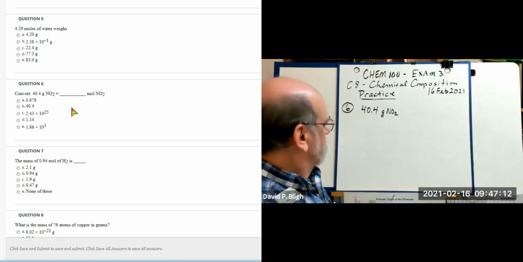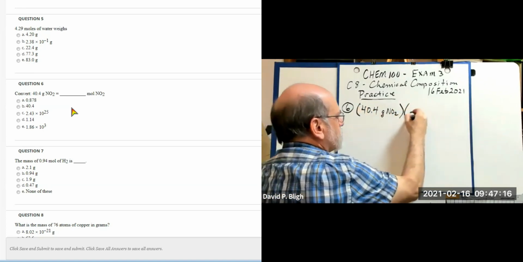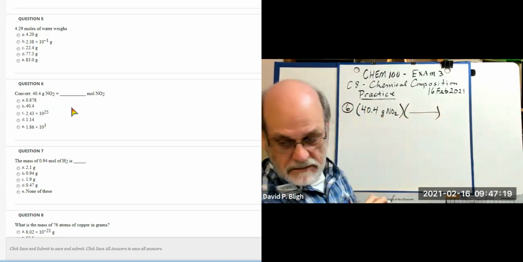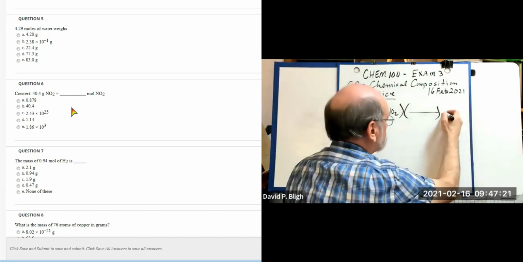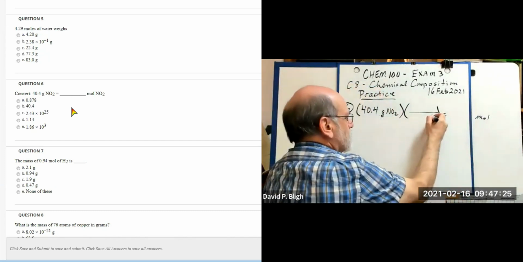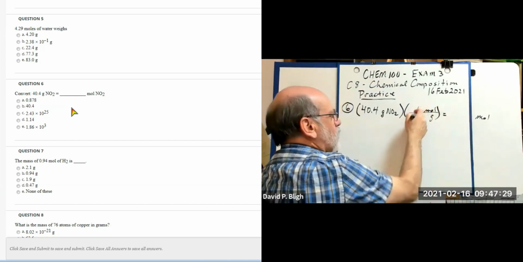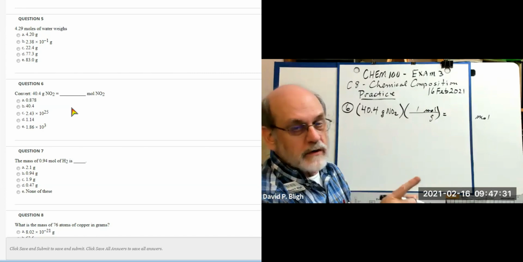Okay. So what we have to do to convert this to moles, the conversion factor cancels grams and leaves us with moles. So we need the molar mass of NO2.